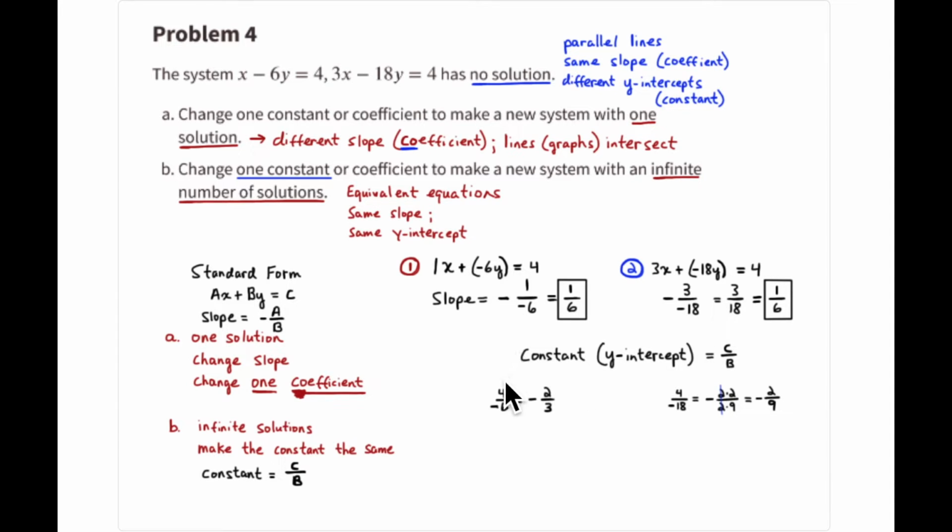So in this case, it's this 4 divided by -6, which simplifies to -2/3, or it's this 4 divided by -18, which simplifies to -2/9. So we're going to change this 4 so that this y-intercept matches this y-intercept, a negative 2/9, or we're going to change this 4 so this y-intercept matches this y-intercept, which is a negative 2/3. Either way.